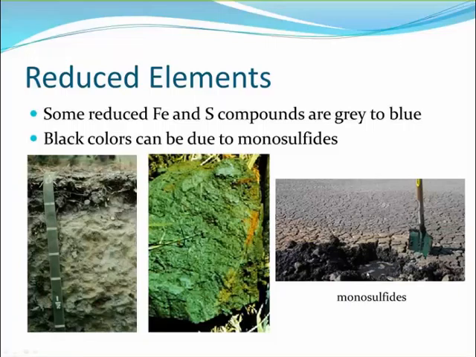If I was to pull some of the soil from deep down underneath the water table and then set it out on the surface and let it oxidize for a while, it would change color. In fact, that's why you can see this reddish crust on the surface of this soil. It's the only part of the soil that's been exposed to oxygen for very long.